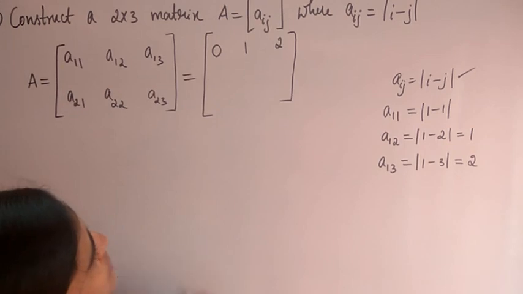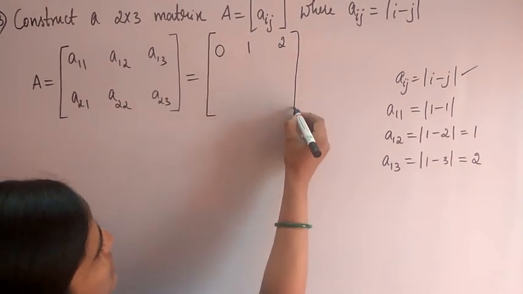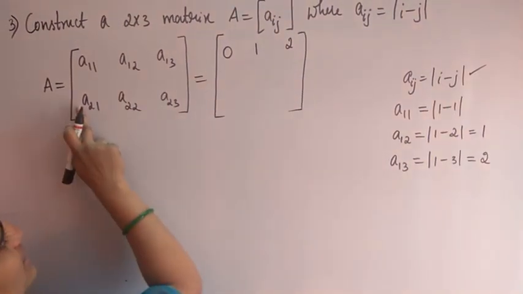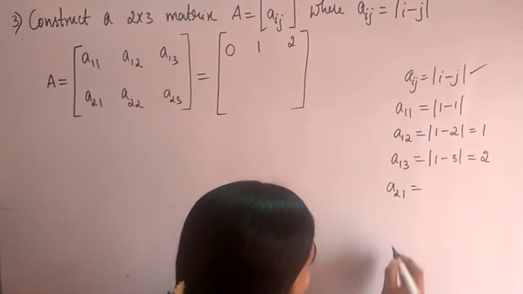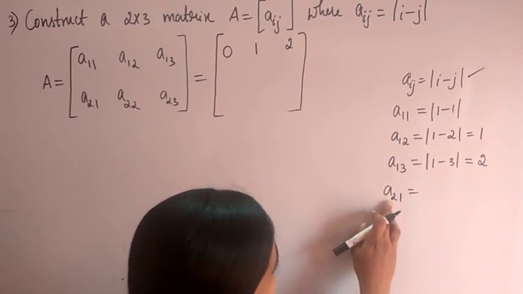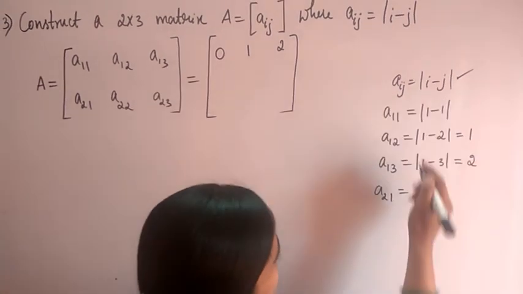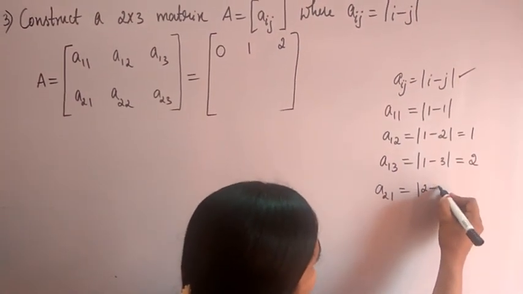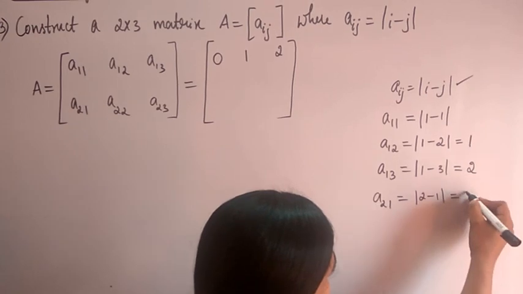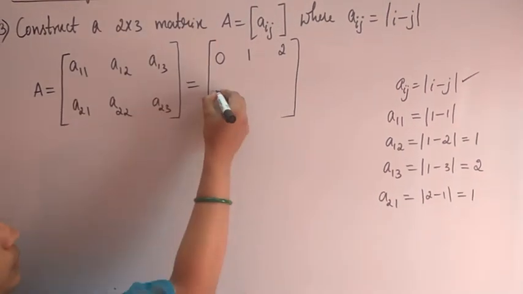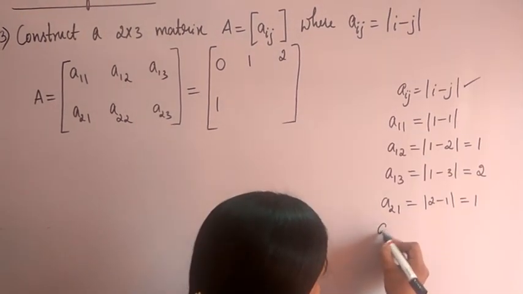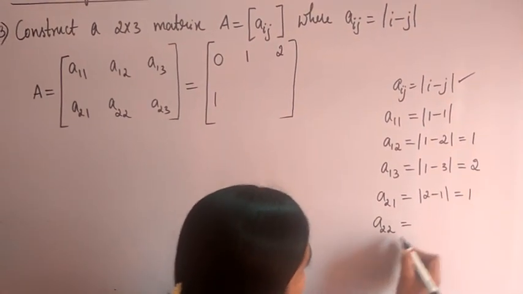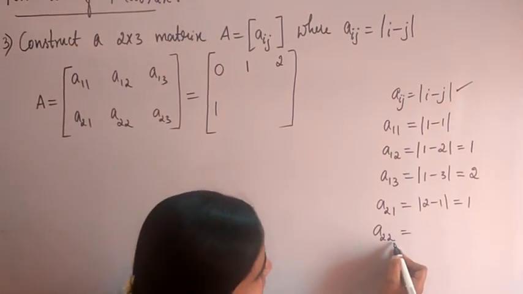Okay. So now comes the second row. So second row, first element is A21. A21 is equal to, so here i value is 2, j value is 1. So modulus 2 minus 1, 2 minus 1 is 1. So modulus of 1 is 1. Okay. So second element A22. A22 means i value 2, j value 2.